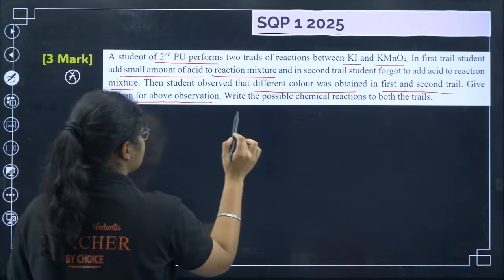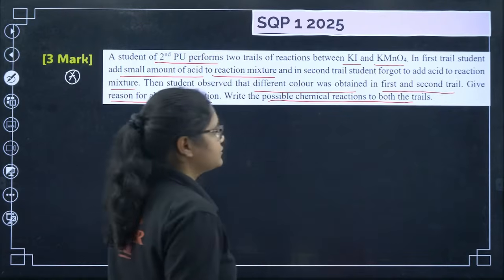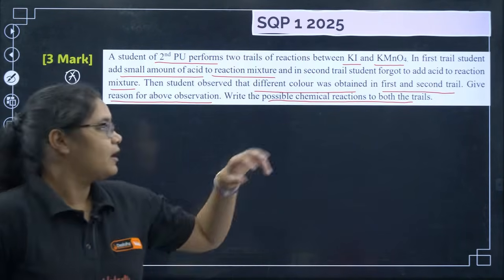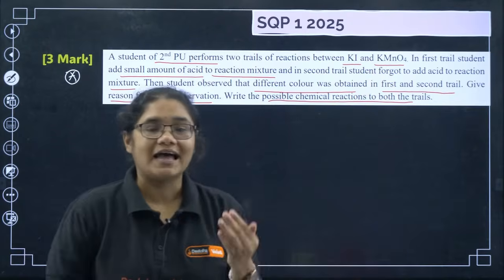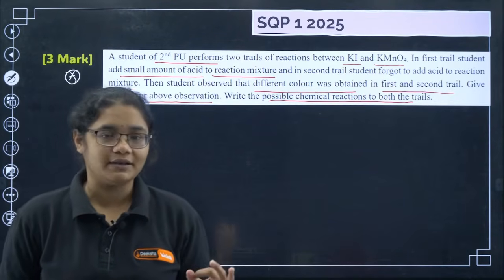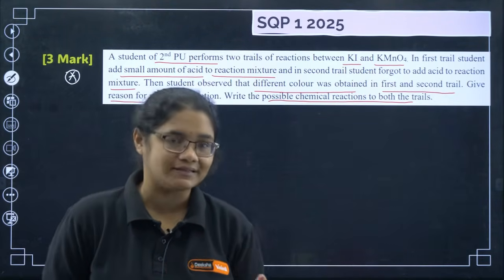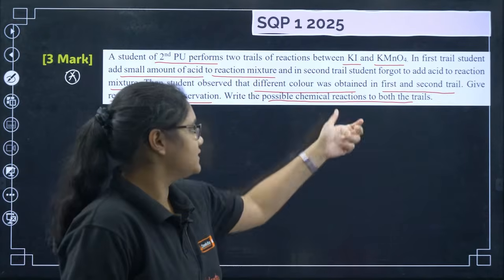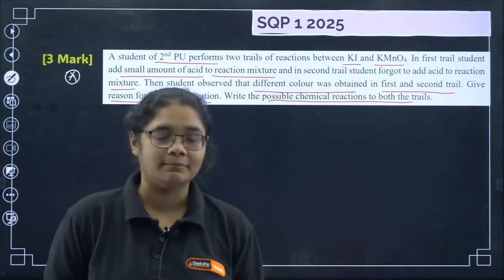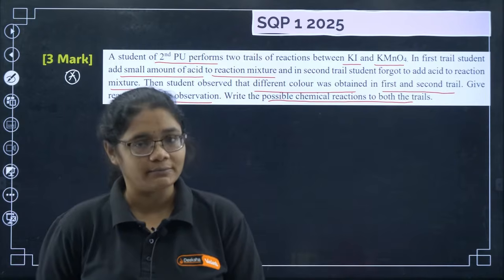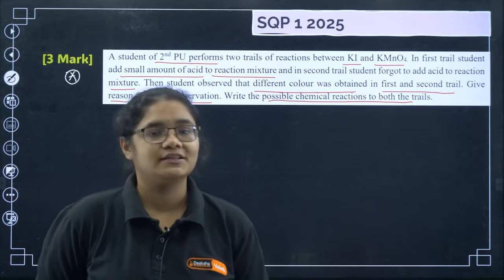Give reason for the above observation and write the possible reactions. I have told you that MnO4- oxidizes I- to I2 in acidic medium and IO3- in basic or neutral medium. Since in the second case no acid was added, it is almost a neutral medium, and that is why we observe such reactions.